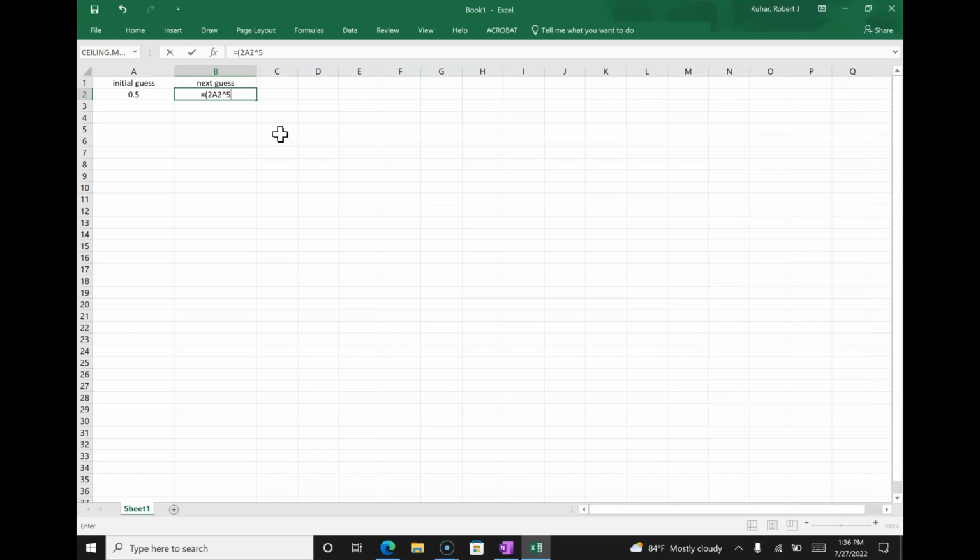Minus A2 to the 2nd, plus 2x, right? 2A2. All divided by parenthesis 3A2 raised to the 4th plus 1.